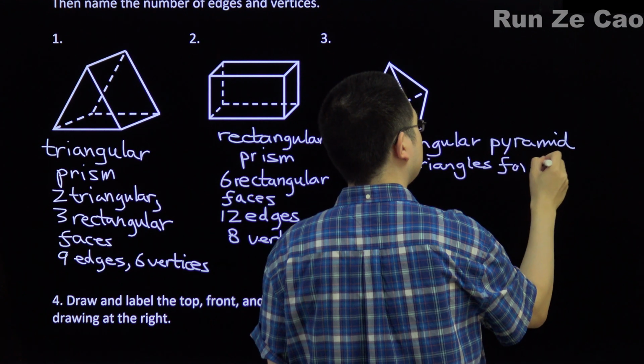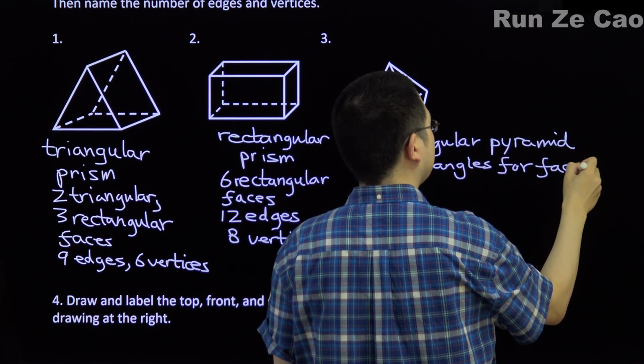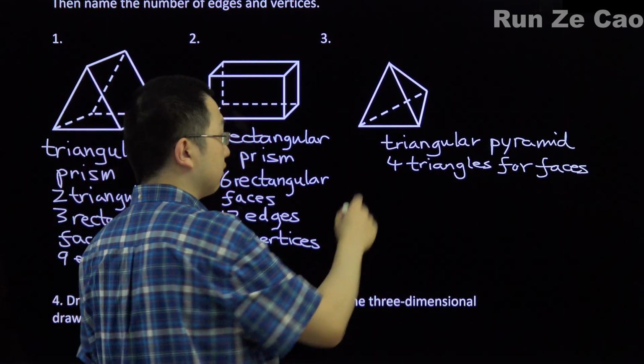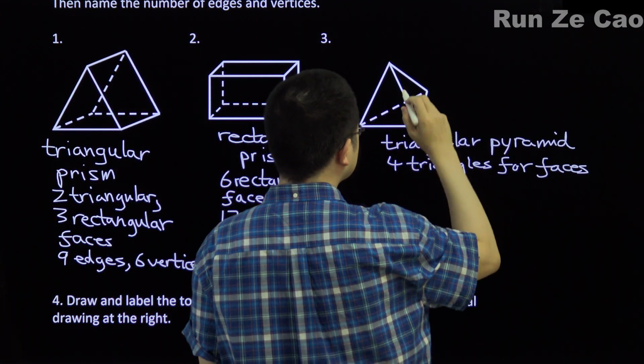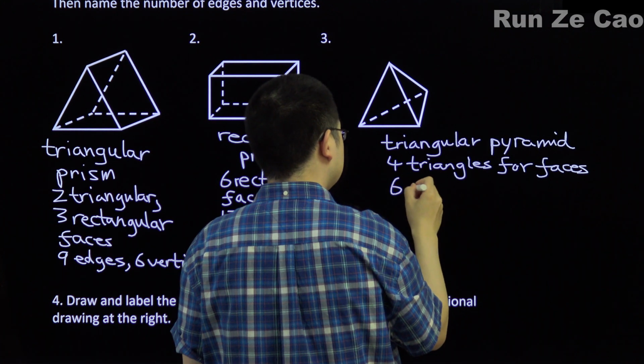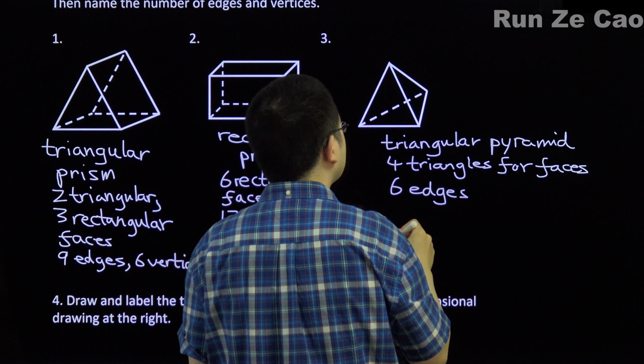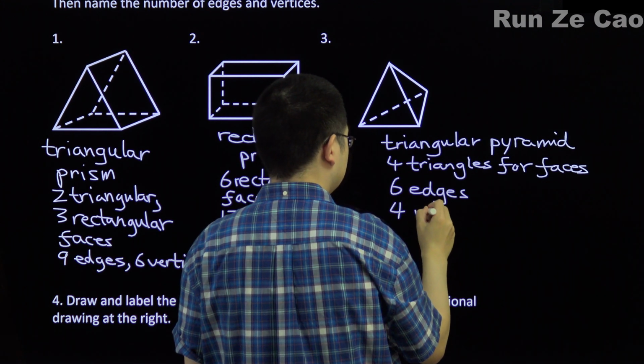So 4 faces. And you have how many edges? You have 3 edges on the base and 3 edges leading up to the vertex, so you have 6 edges. And you have 4 vertices.